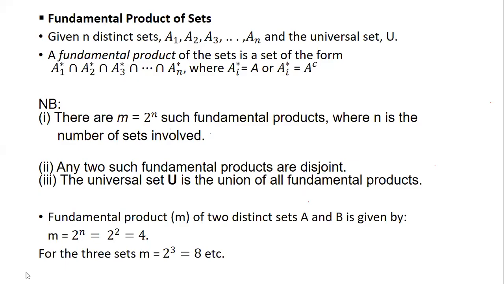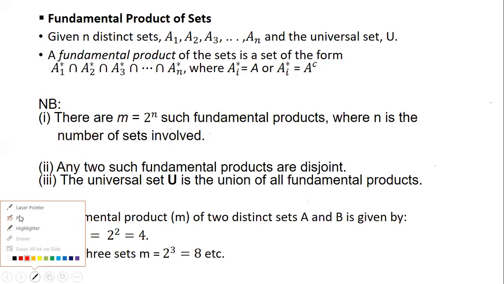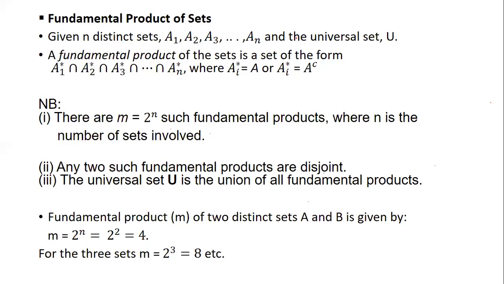So we have n different sets, and you have the universal set U. Then the fundamental product of sets is a set of the form A1 star intersection A2 star up to An star, where Ai star can be equal to A, or it can also be equal to A complement. Is that okay?